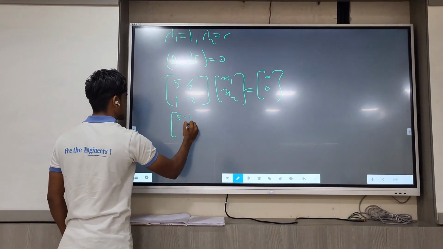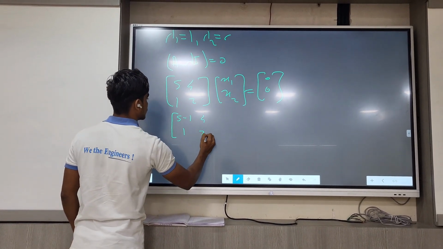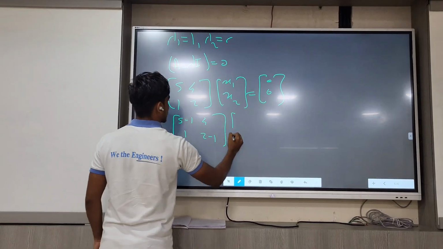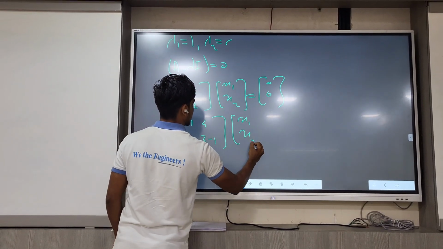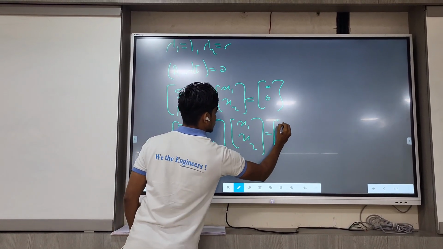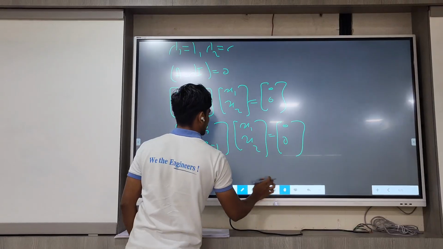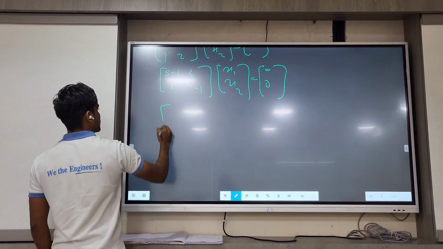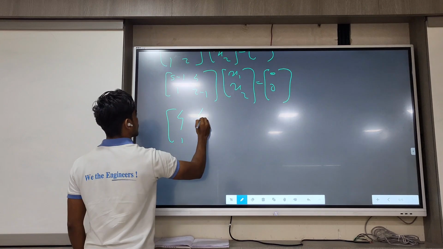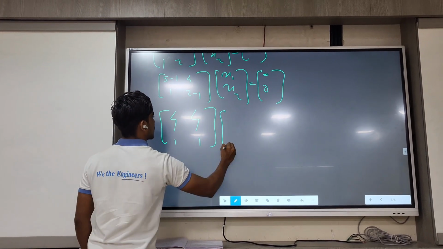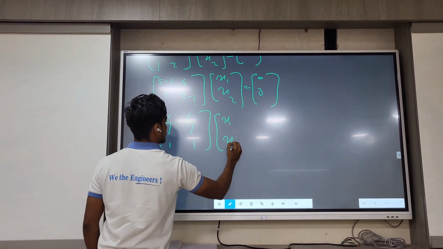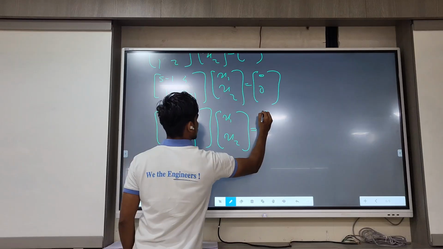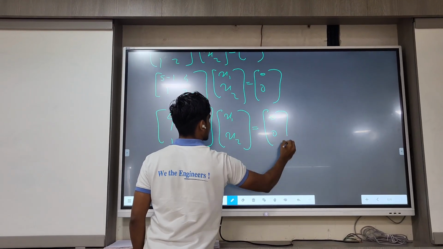That is 5 minus 1, 1, 4, 2 minus 1 and x1, x2 and 0. So then we get 4, 1, 4, 1 and x1, x2, 0.